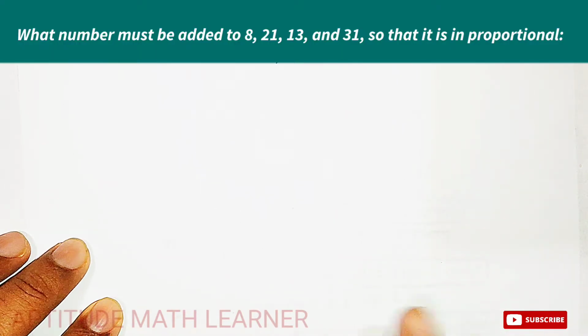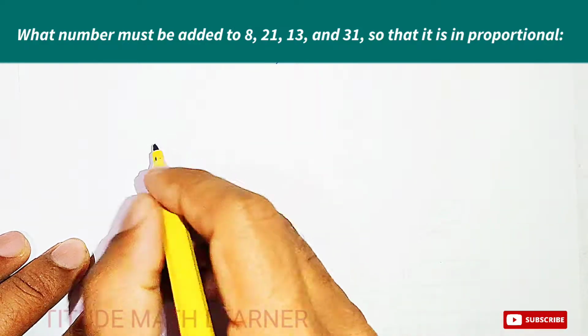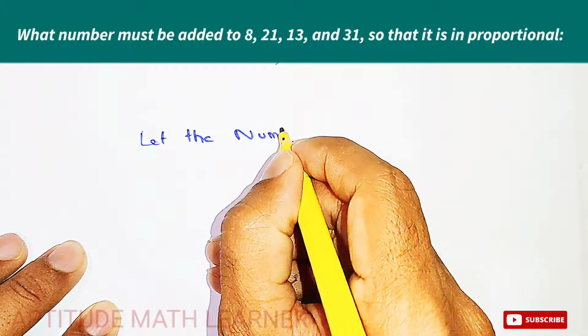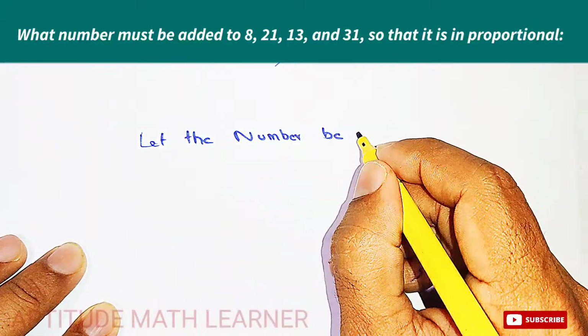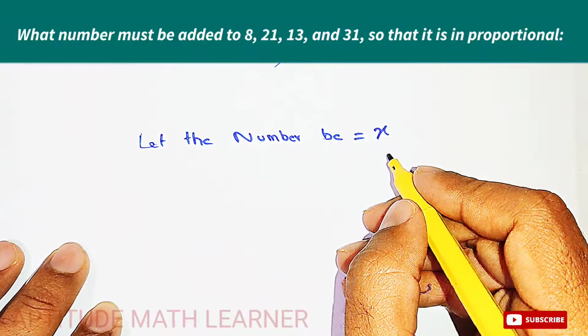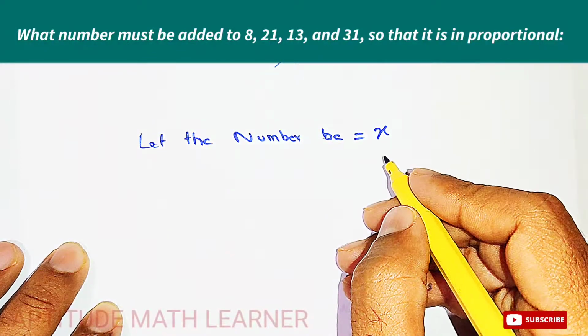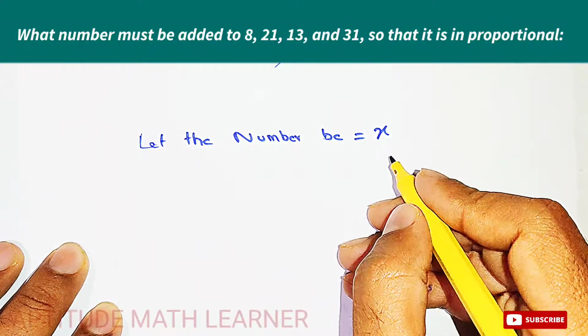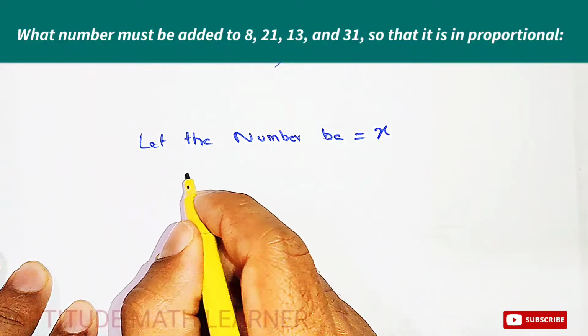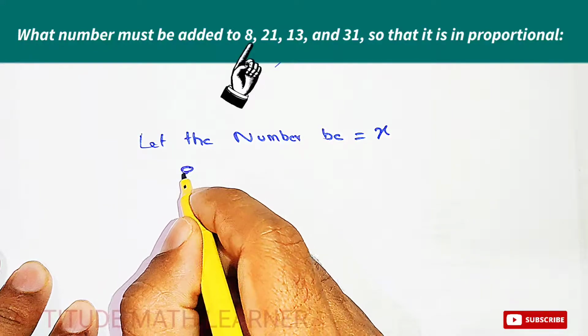Let the number be x. So we have just taken the number which is to be added to all these four numbers, that is x. We add x to all four numbers.